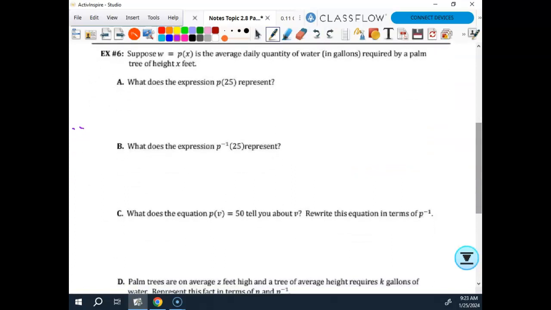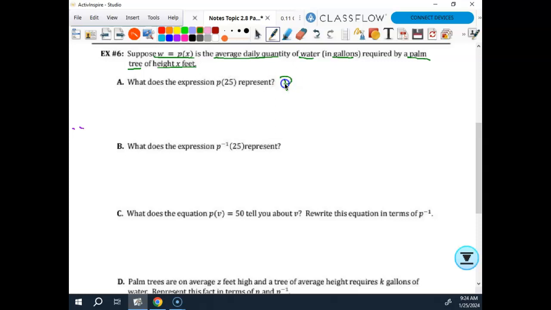Suppose that W equals P of X is the average daily quantity of water in gallons required by a palm tree of height X feet. Okay? So what does the expression P of 25 represent? So P of 25, what are the units on the 25?